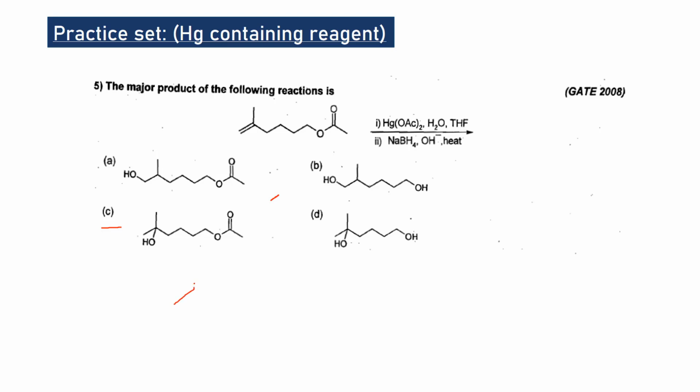As you know, mercury will be added here and OH will be added here, as OH is given. I am just jumping the steps, okay? I think you have understood how I have gone through.